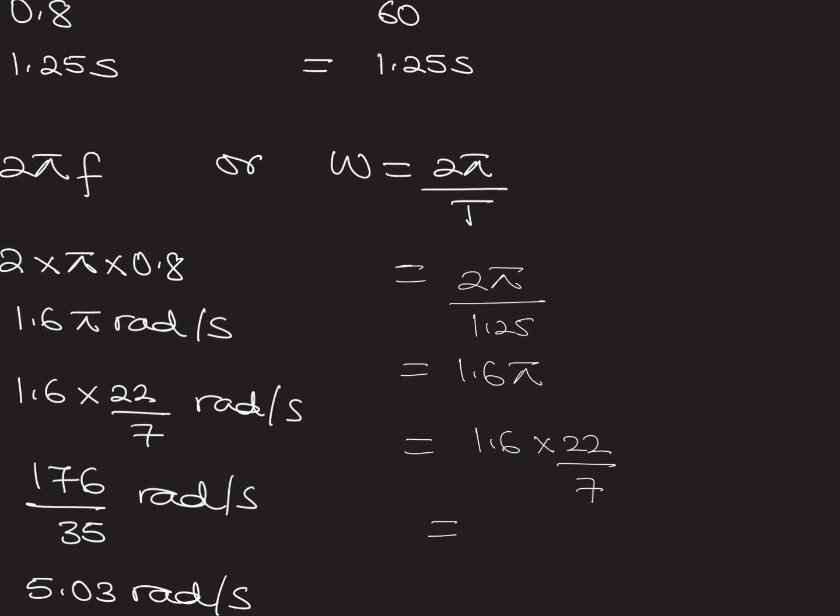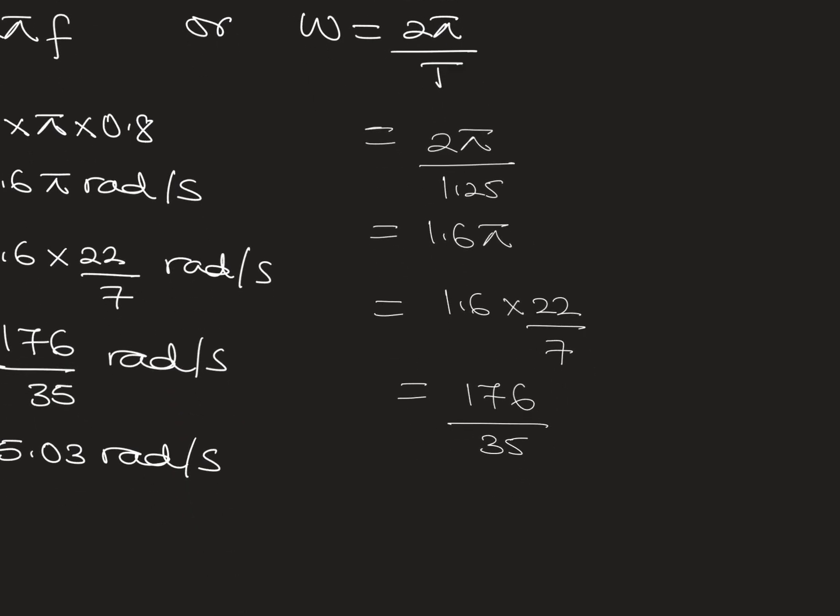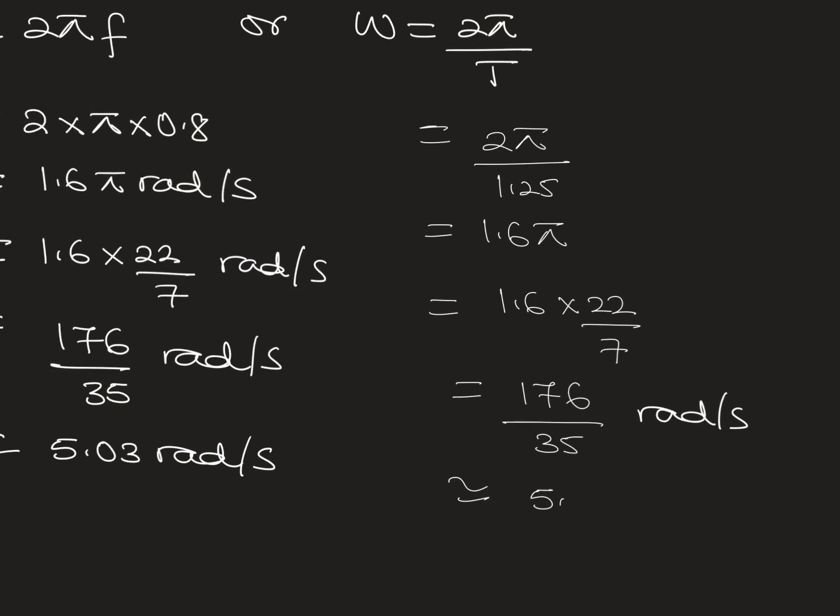We will still have 176 divided by 35 radians per second, and approximately that is 5.03 radians per second.